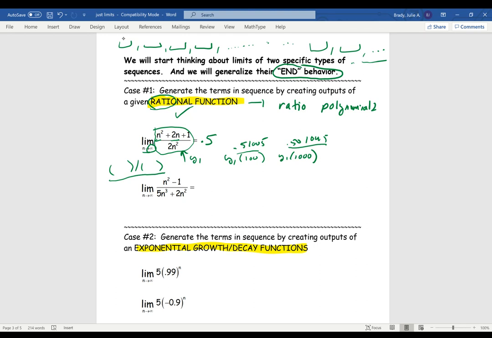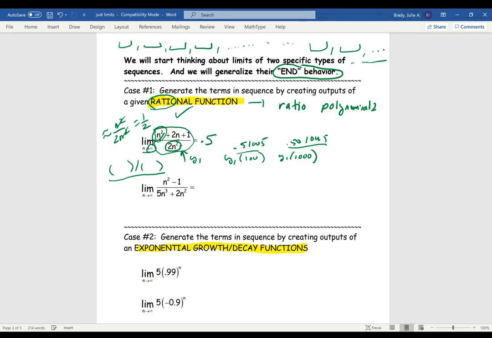And so the only terms that count are the leading terms. So we essentially know that this function behaves like n squared over 2n squared. But you can reduce that. The n's reduce out, and you get 1/2.